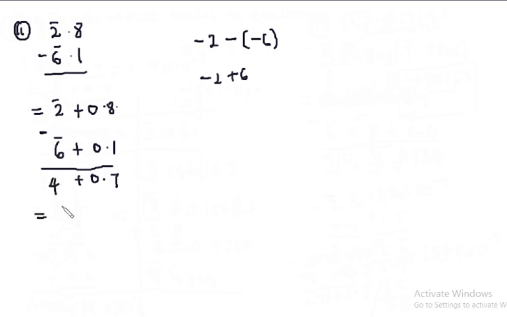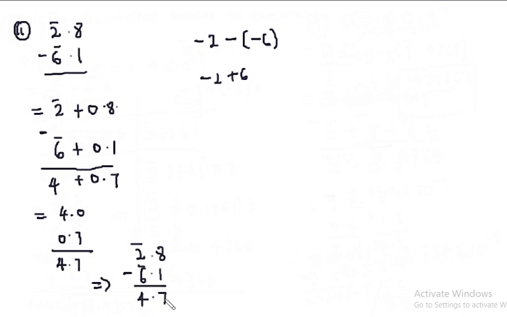So I can write this as 4.0 plus 0.7. So 4.0 plus 0.7 is 4.7. Now, the implication of this is that 2 bar 0.8 minus 6 bar 0.1 is equal to 4.7.